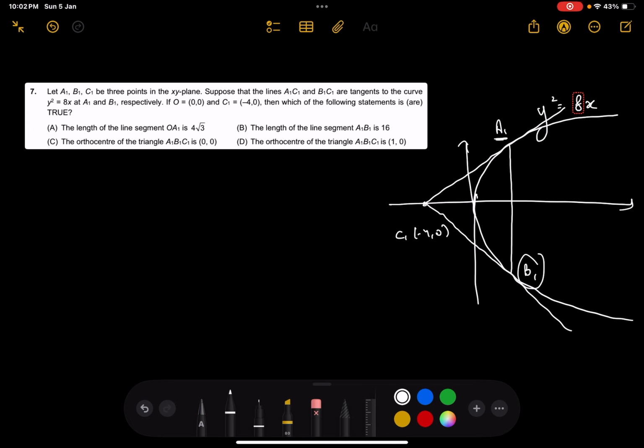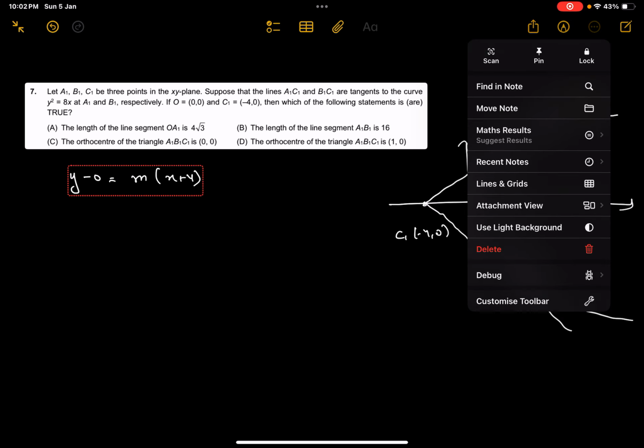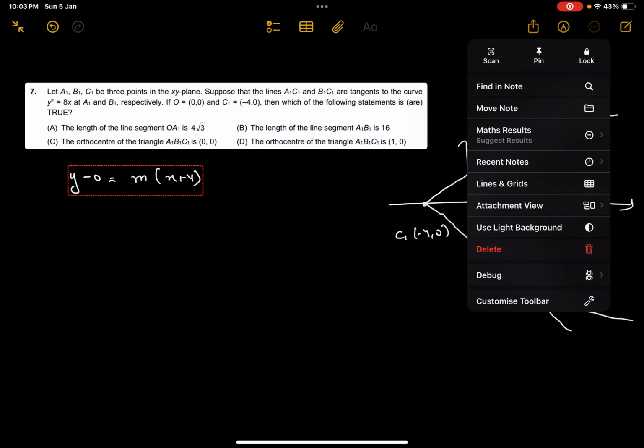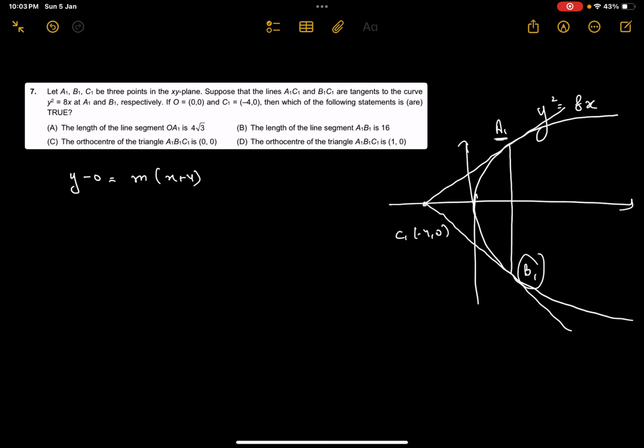Let's say the tangent is y minus 0 equals m times x plus 4, which is y equals m times x plus 4.